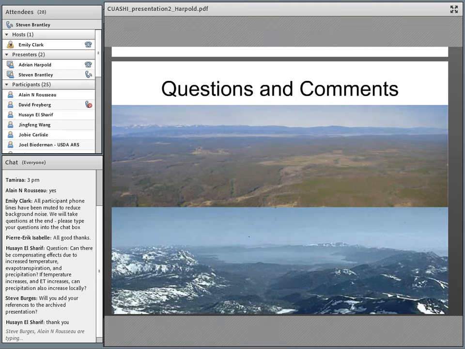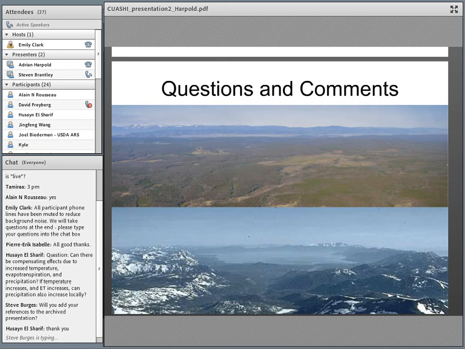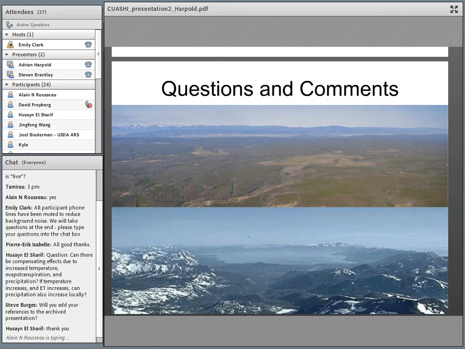I was going to ask a quick question about the interception. I do quite a bit of interception modeling in rain-dominated systems. For snow interception, do we see a cycle of interception and then immediate evaporation, or once snow has fallen for the year, does snow pretty much stay on the canopy throughout the entire winter? Well, it really depends on the system.